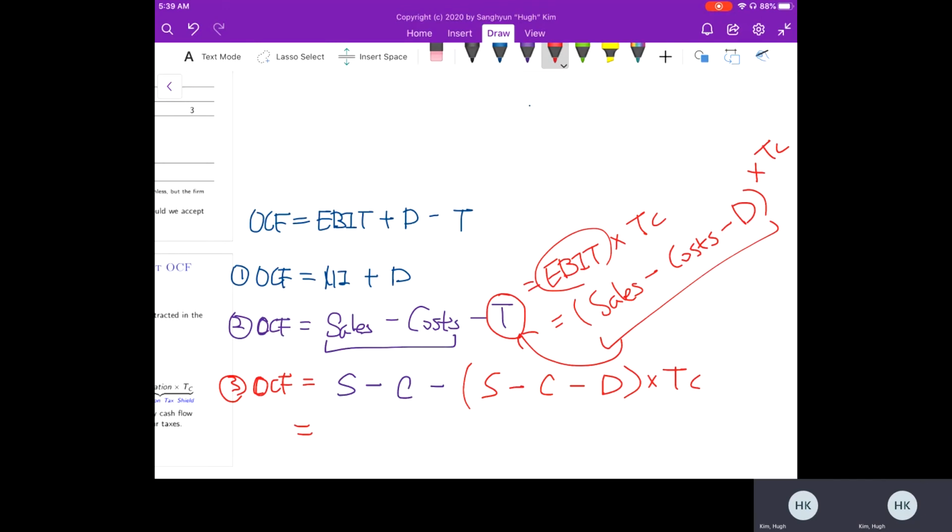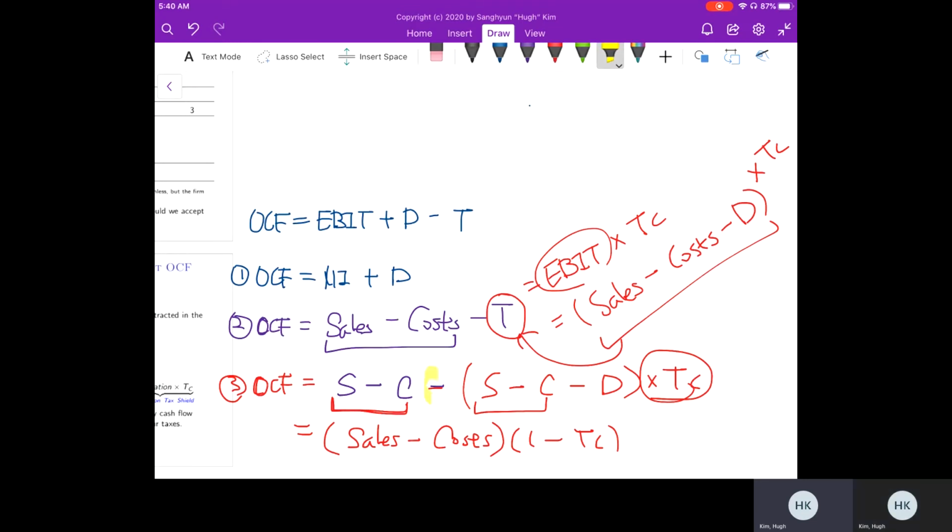So this is equal to, you can collect these two terms, sales minus costs, times 1 minus the tax rate, 1 minus T. And then the remaining term is minus times minus D times T. So plus depreciation times the tax rate.